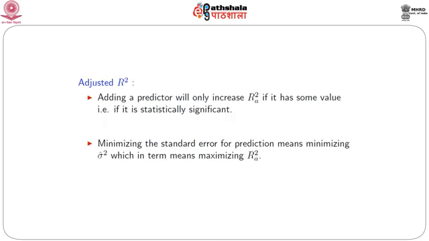So, under adjusted R square, adding a predictor will only increase R square subscript A if it has some value, that is, if it is statistically significant. And minimizing the standard error for prediction means minimizing sigma hat square, which in turn means maximizing R square subscript A, the adjusted R square.